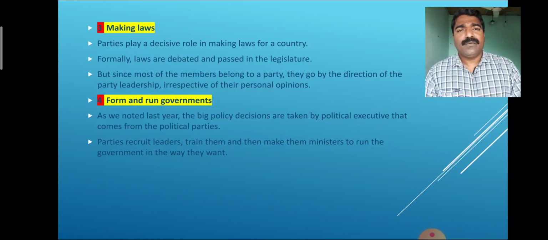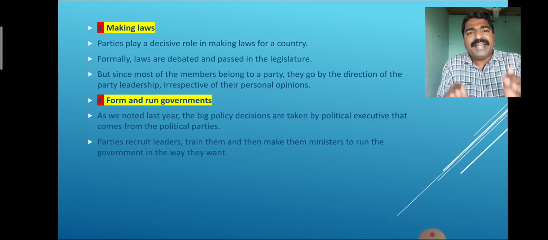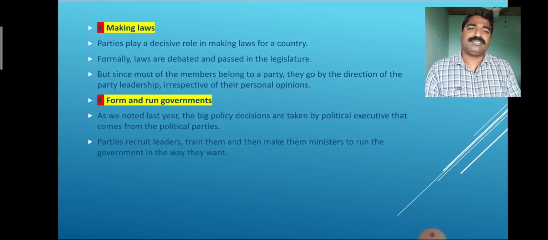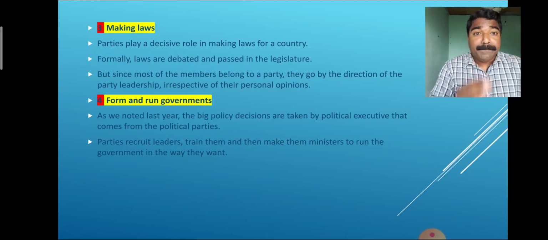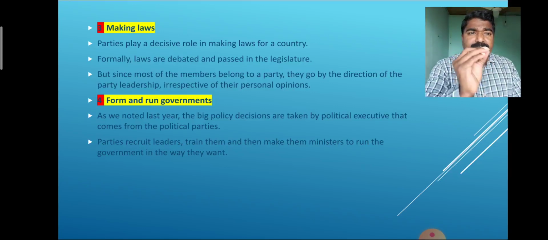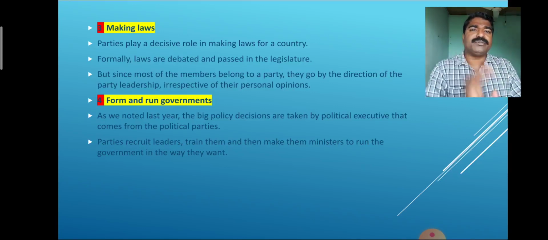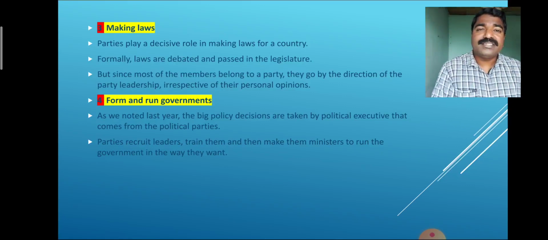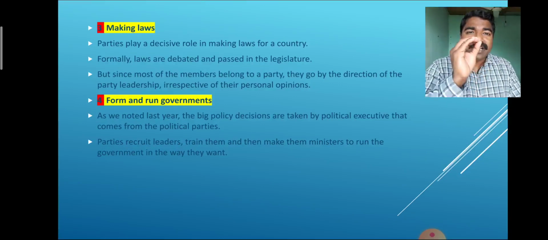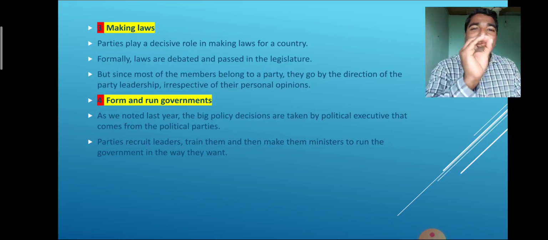Then the fourth one, form and run government. As we noted last year, the big policy decisions are taken by the political executive. Where does this political executive come from? The political executive comes from the political parties.